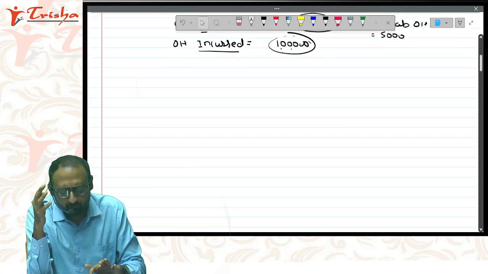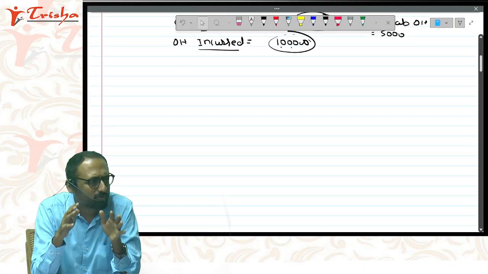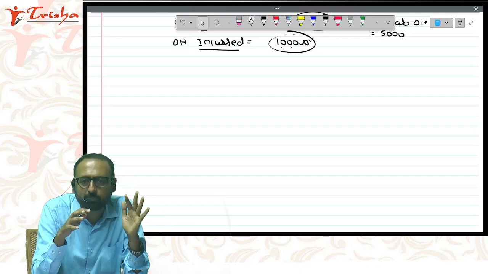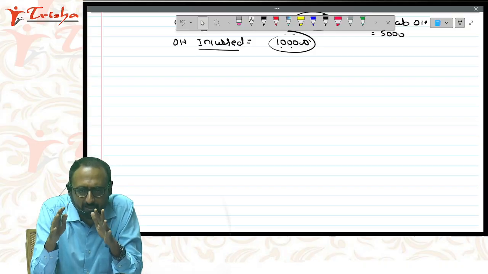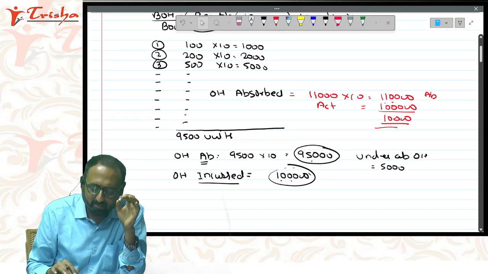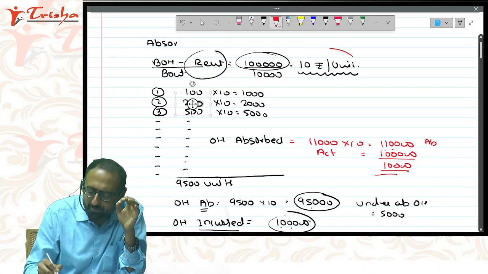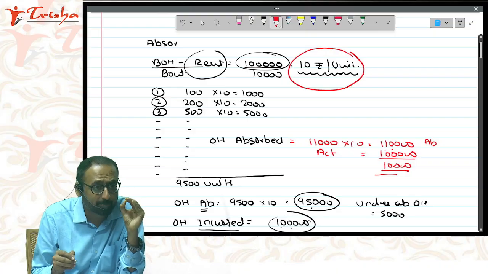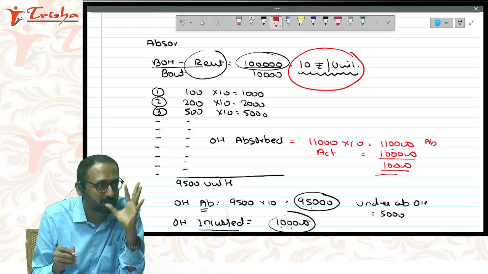Now, why does this under absorption, over absorption happen, Sirji? This basic should be clear in your mind. Why do under absorption and over absorption happen? So the answer is, what is this 10 rupees? What I told you about this 10, it is a predetermined rate.